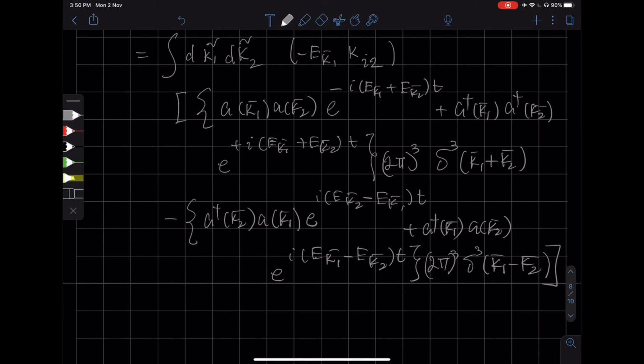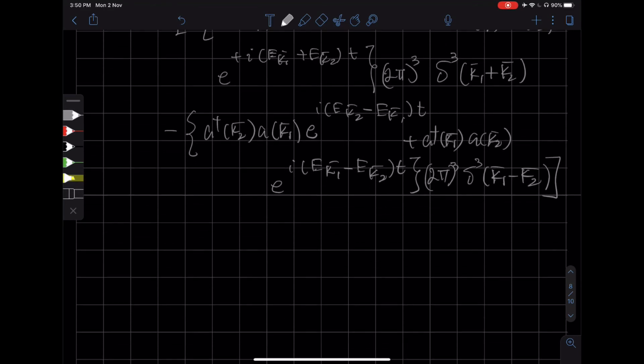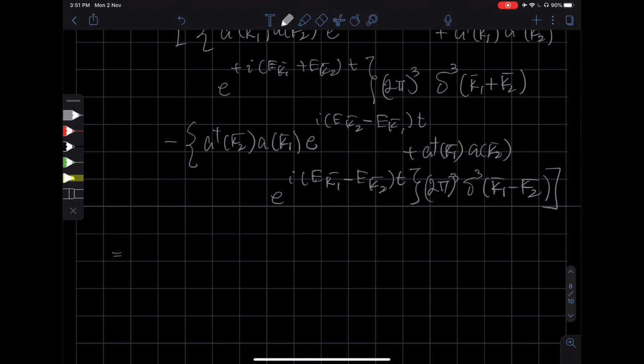So now let's just do the k2 integral. If we do the k2 integral, we can use the delta functions, and then this becomes an integral over just k1. From the first term we have minus e of k1.